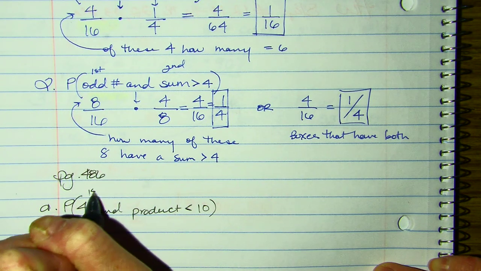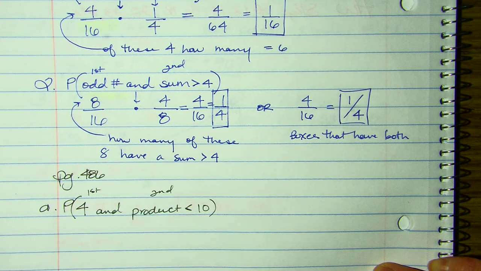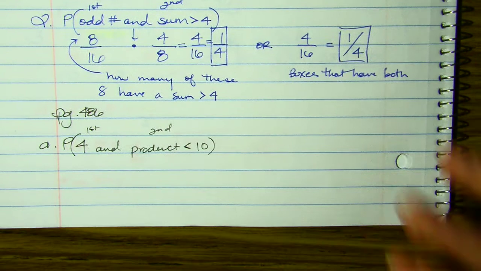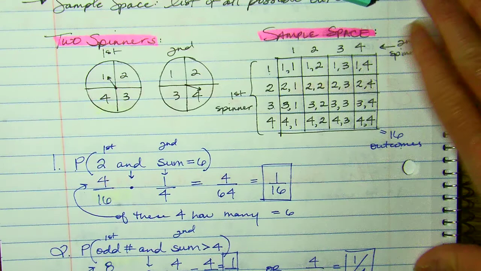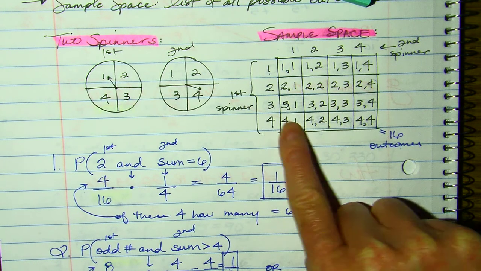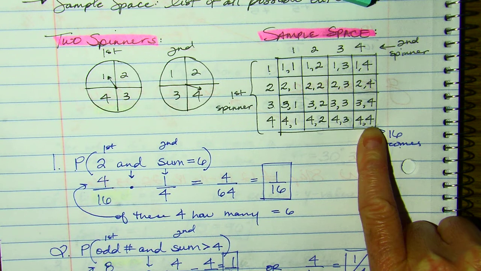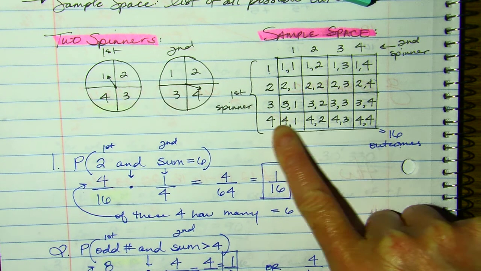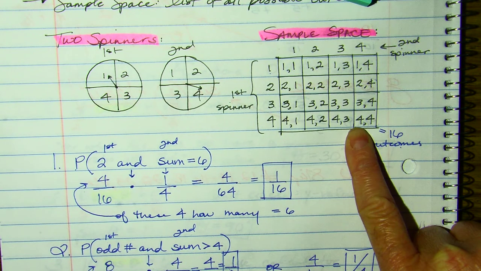So here's your first spinner, here's your second spinner. So you have this sample space. Let's go up here. First spinner, there's the 4. There are 1, 2, 3, 4 of them. So I could write it as 1 fraction, or there are 4 of these, so 4 out of 16.